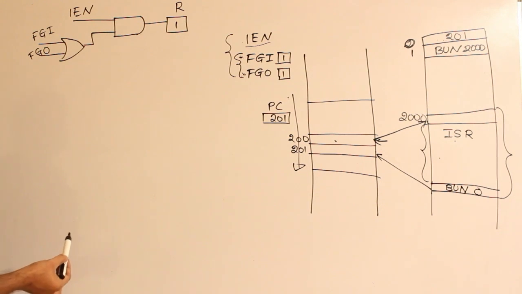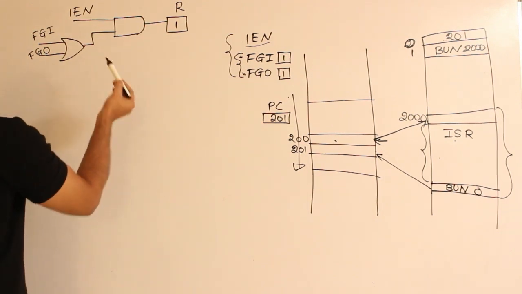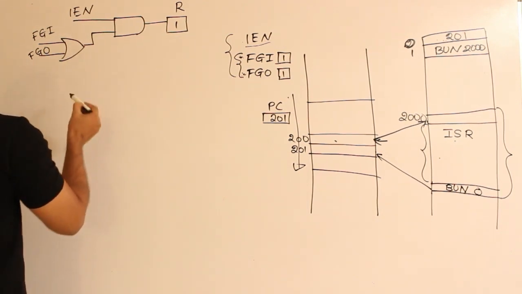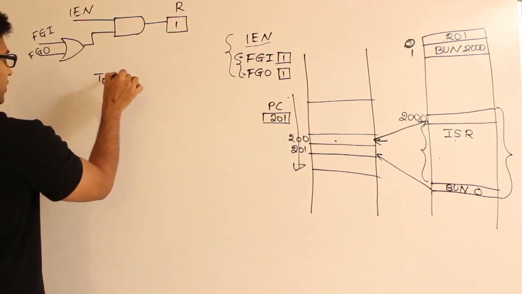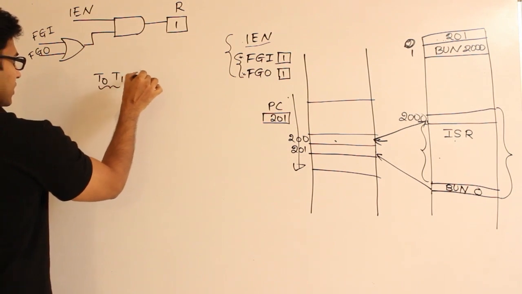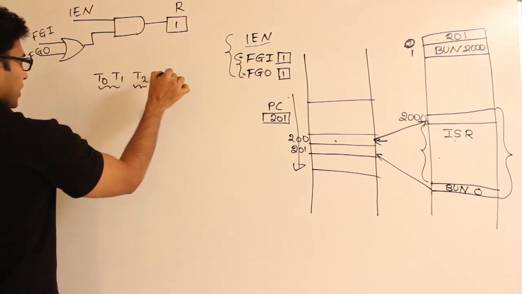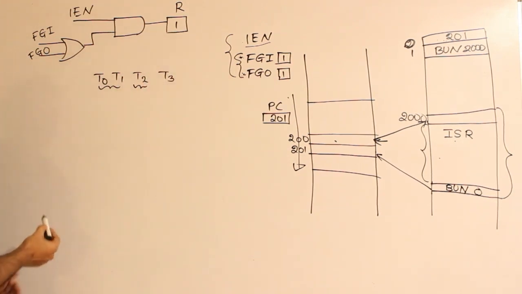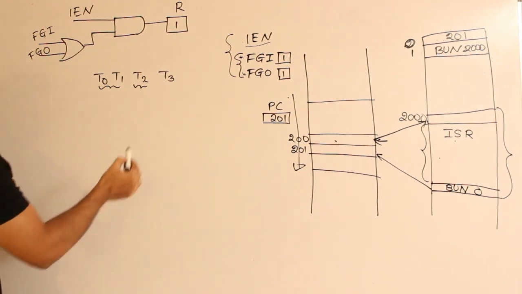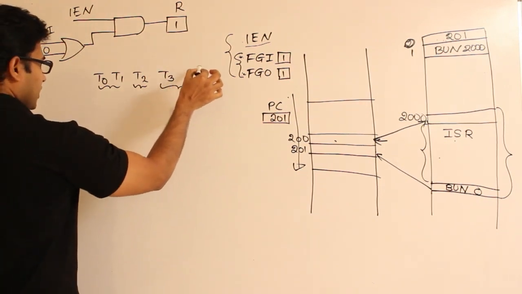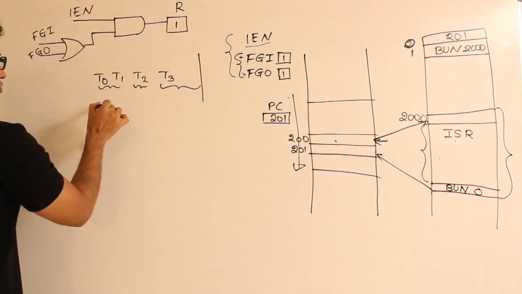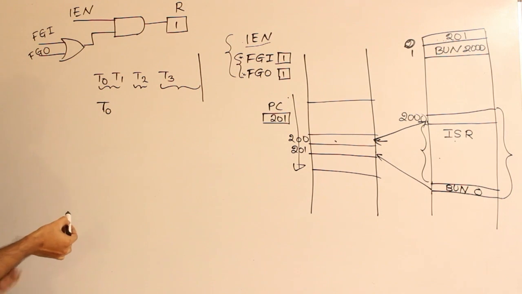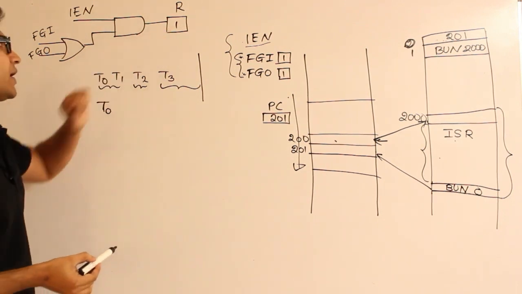Got it? So what happens is, let us say you are executing some instruction. You have performed T0, T1, which are fetch, and then T2, which is decode, and then from T3 either you are computing the effective address or you are executing. You are doing something, right? You are done, and once it is done, again you are going to get T0, right? So whenever you get T0, I want you to check this particular flag.